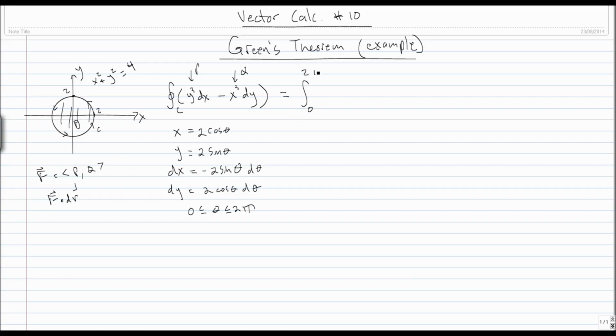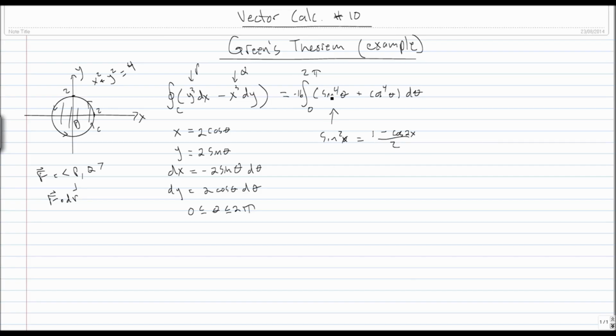So I'm going to rewrite this line integral as the integral from 0 to 2 pi of theta. Okay, so here I'm going to use the fact that sine squared of something equals 1 minus cos of 2 of those things over 2.